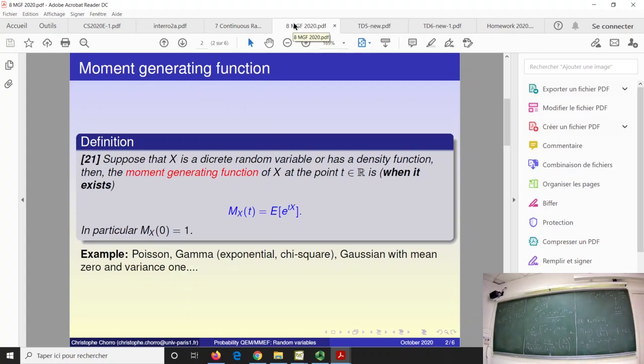So it should be possible to compute the second derivative. I won't do the job, but you can do it. If you compute the second derivative and take the value at 0, you will obtain the expectation of x squared, that is the variance plus the square of the expectation. But here, when I compute only the first derivative, I remark that I recover the expectation of x when I take the derivative of the moment generating function at 0.